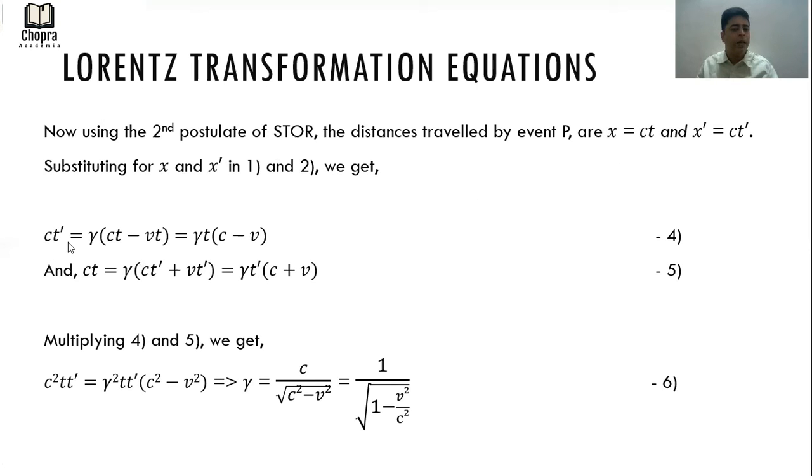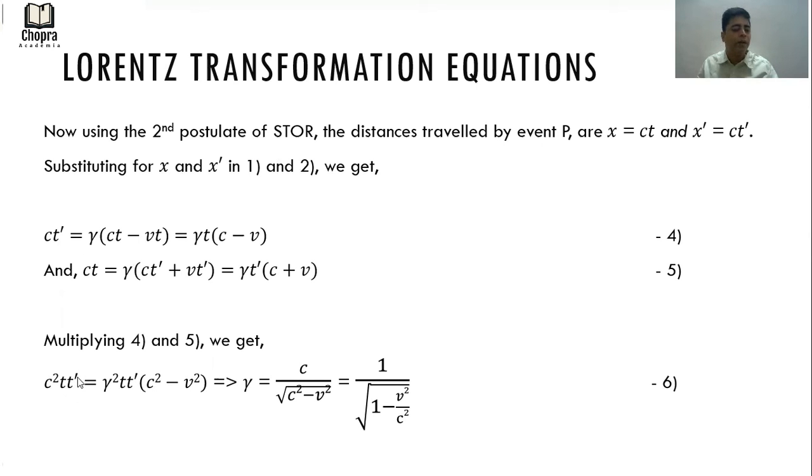So ct is equal to gamma (ct' plus vt'), or gamma t' (c plus v), equation number 5. I multiply these two equations. Why? Because I need to find the value of gamma. So I have c square tt' is equal to gamma square tt' (c square minus v square). So I rearrange, I get gamma is equal to c by root of c square minus v square.